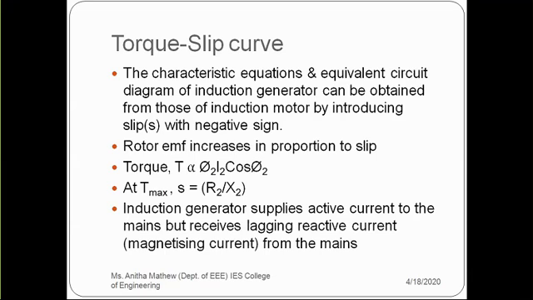We have studied all these things in the 4th module on the 3-phase induction motor itself. The induction generator supplies active power to the mains, and receives lagging reactive power from the mains. This reactive power is used for the magnetizing process.